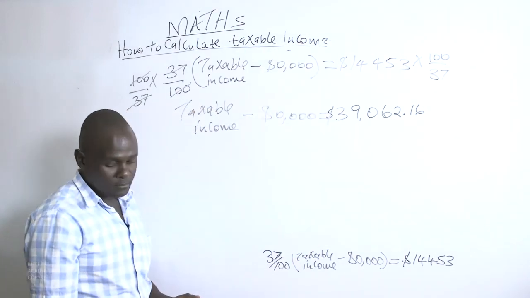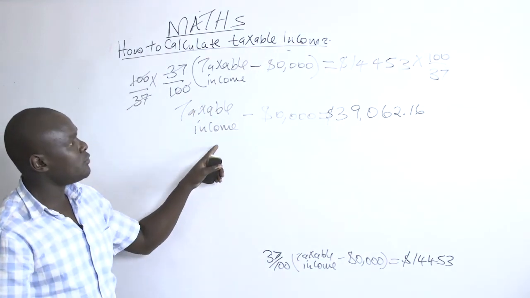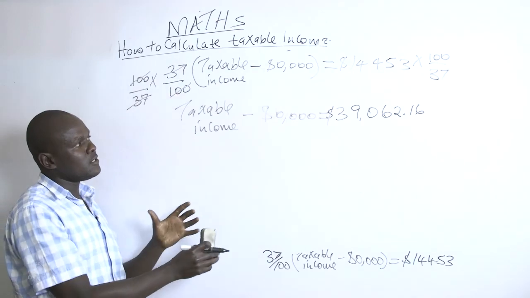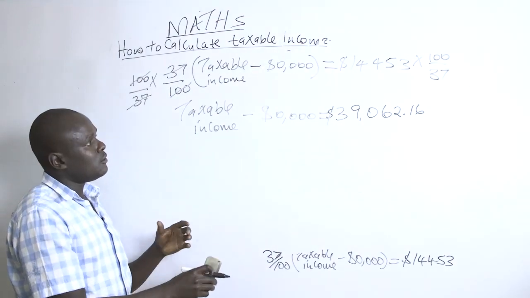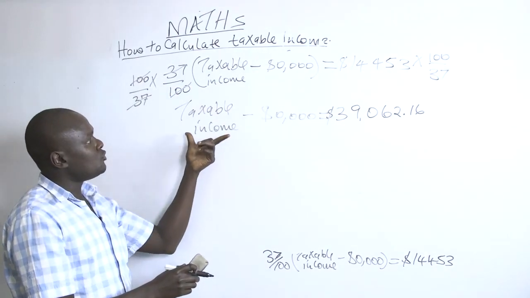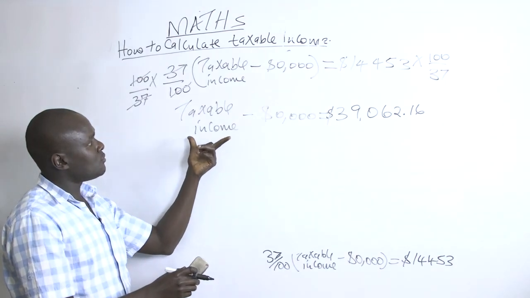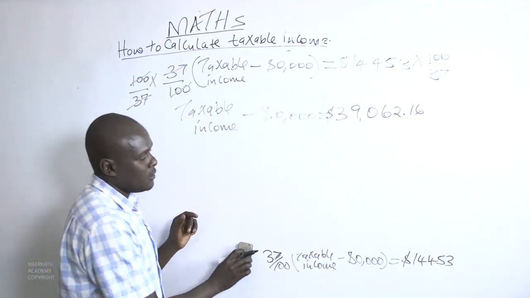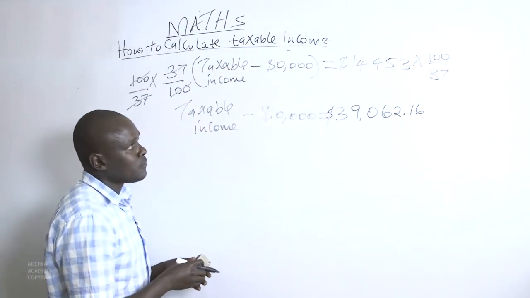$39,062.16. But we are looking for our taxable income in this particular equation. Everything is being done or operated upon to achieve this. This is what we want. This is our center of interest.